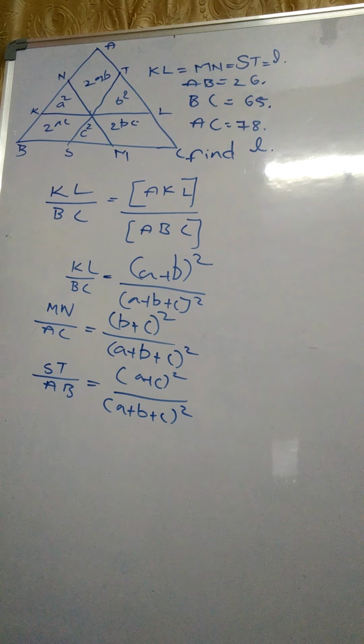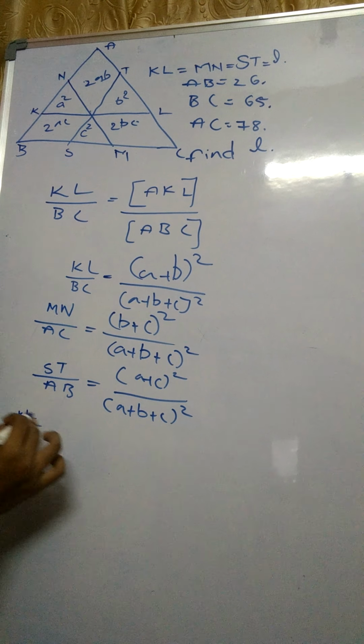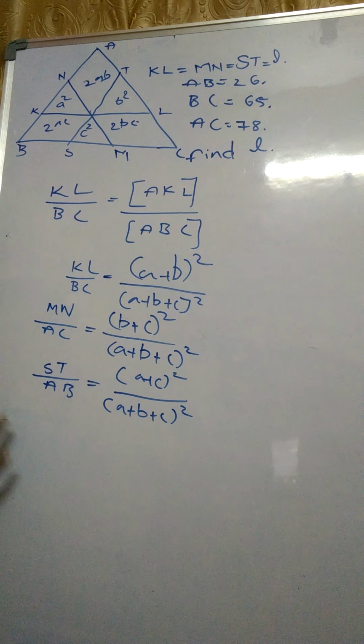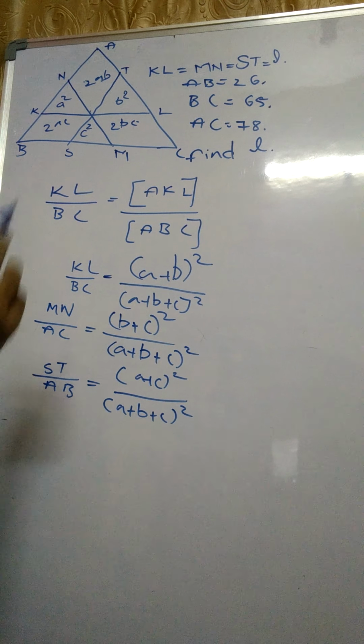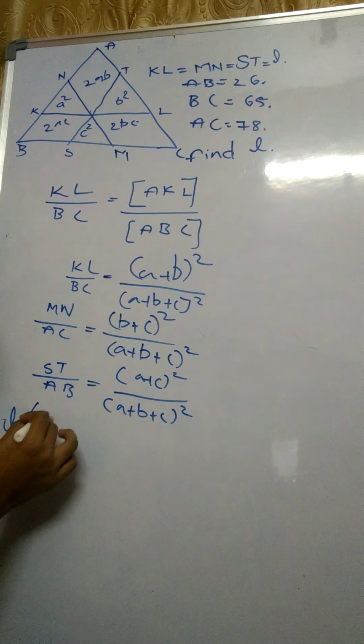Now we will add all these three. KL, MN, ST we can write as L. We will add all these three. We will take L common. 1 by BC plus 1 by AC plus 1 by AB is equal to 2.